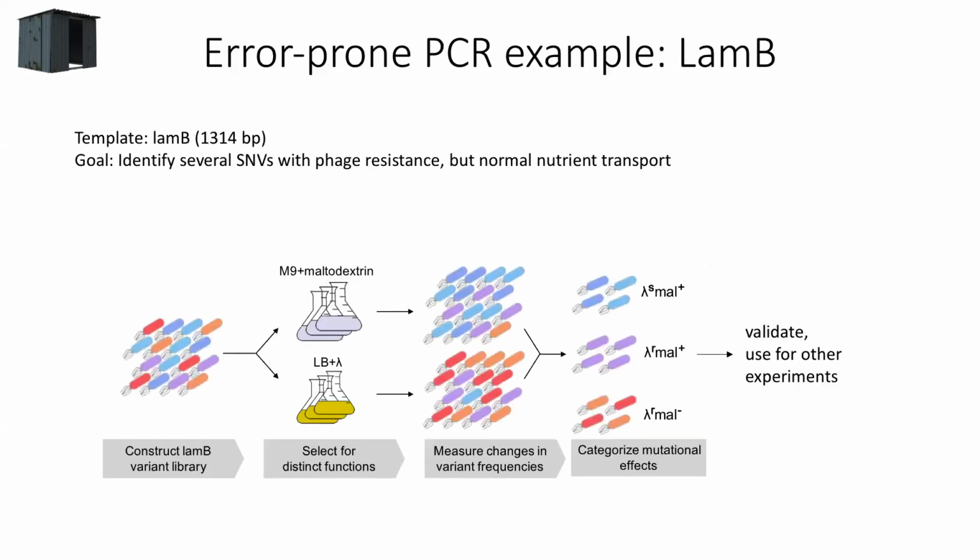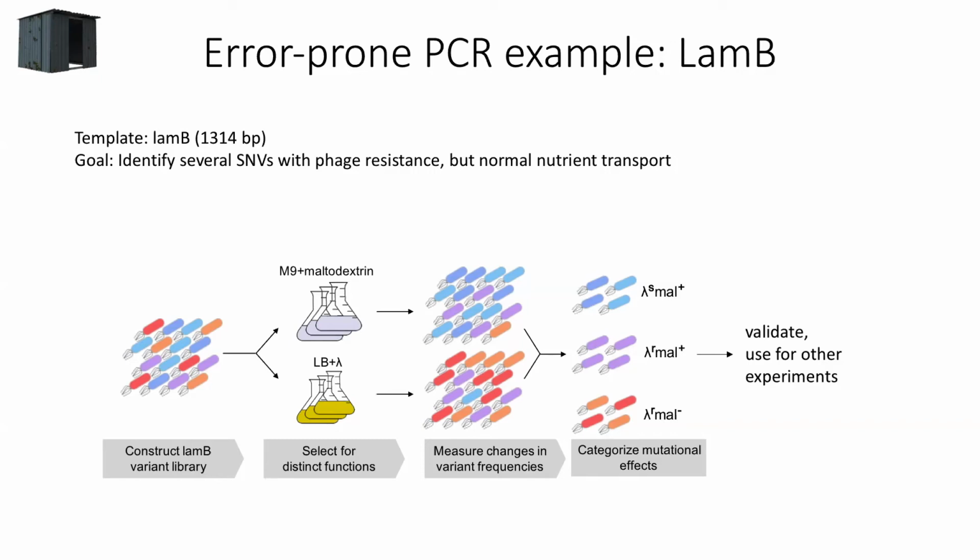All right, so as an example, I did error-prone PCR on a protein that I care about, which is a phage receptor. And the idea of this was to get a number of mutations in that receptor that confer resistance to the phage that I study.